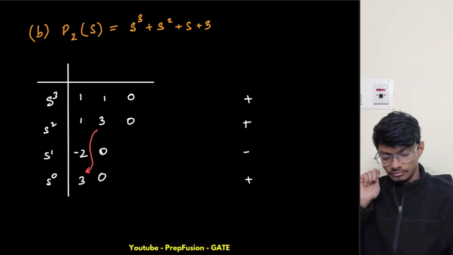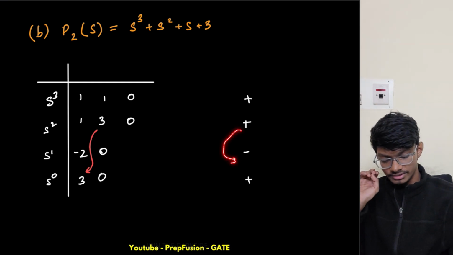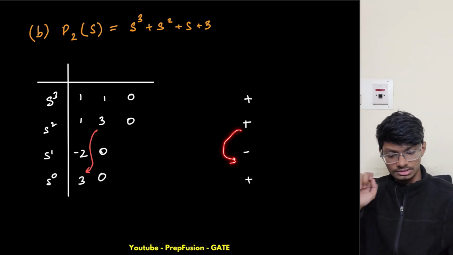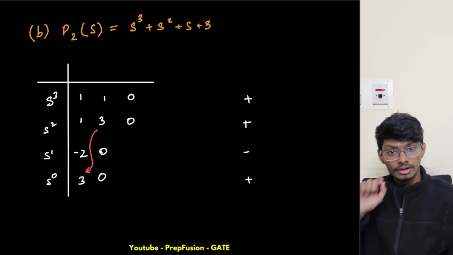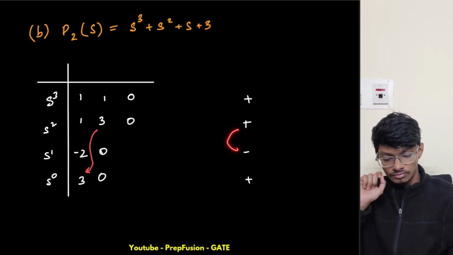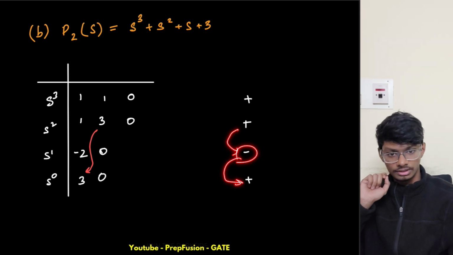Why? From s cube to s square there is no sign change. From s square to s to the power 1 there is 1 sign change. From s to the power 1 to s to the power 0 there is another sign change, because this is going from plus to minus and this is going from minus to plus.